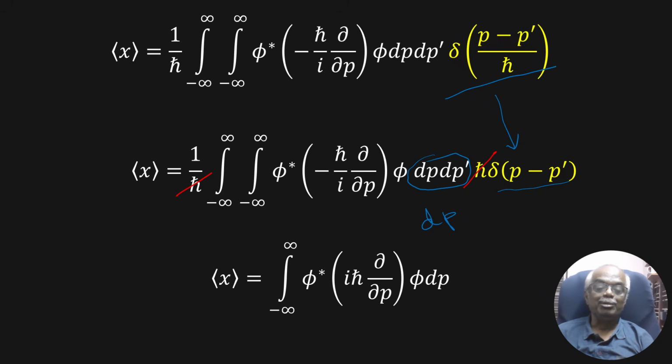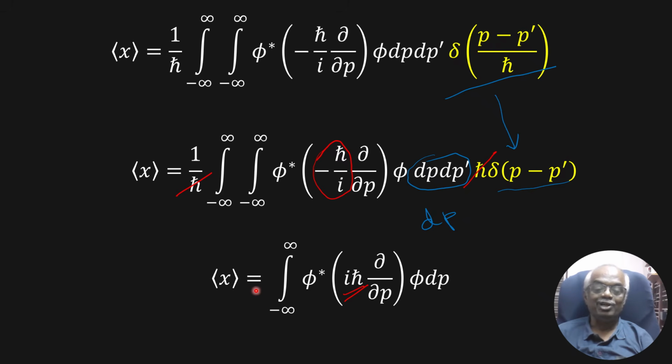So this double integral will become a single integral. Also you can rewrite minus h cross over i as i h cross. So the expectation value of x is equal to the integral from minus infinity to plus infinity of psi star, where I am replacing minus h cross over i with i h cross, delta over delta p of pi dp. So finally we arrived at this expression.